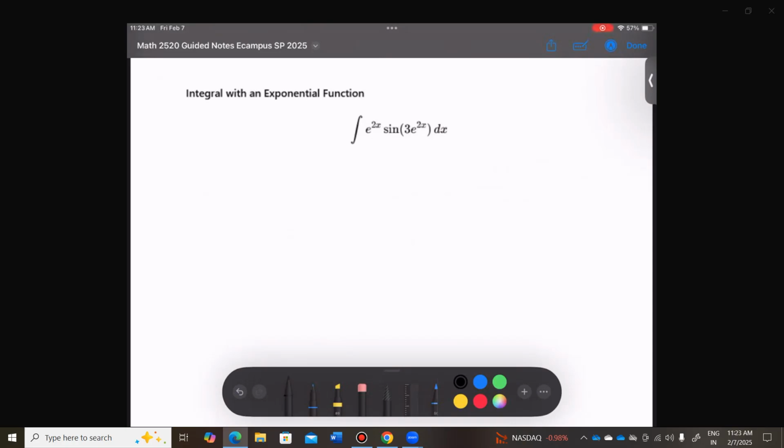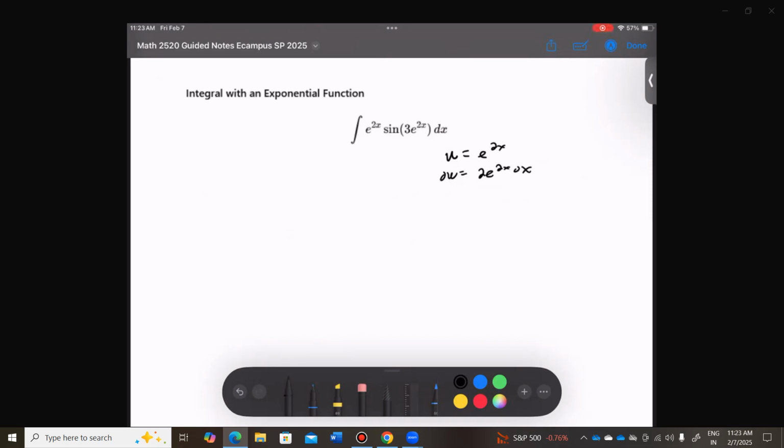When you have exponential functions, something like e to the 2x sine of 3e to the 2x dx, here I will want to do a u substitution at first. I'll let u equal e to the 2x. So du equals 2e to the 2x dx.